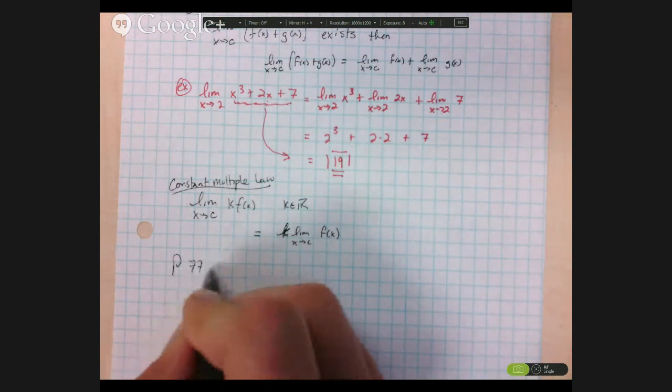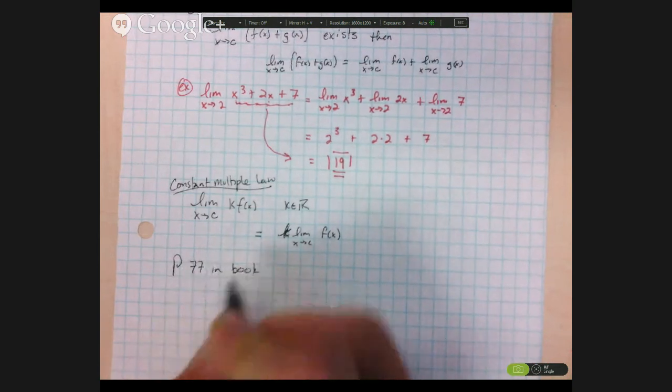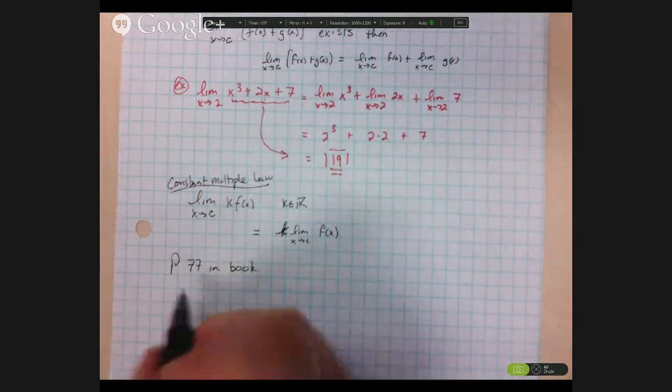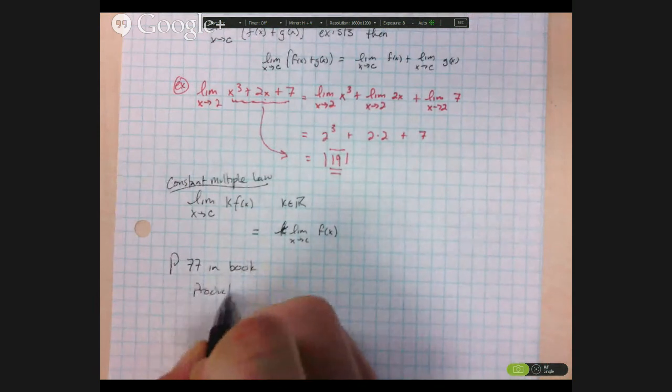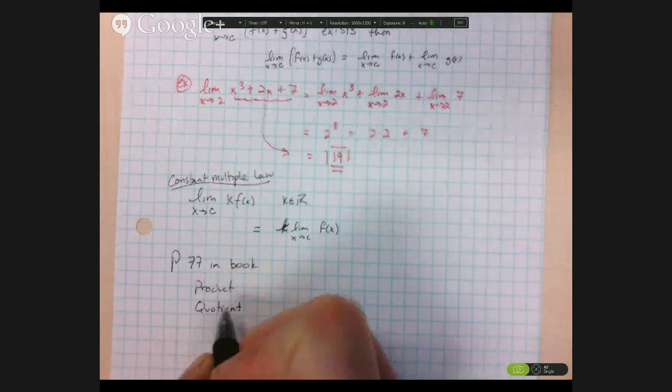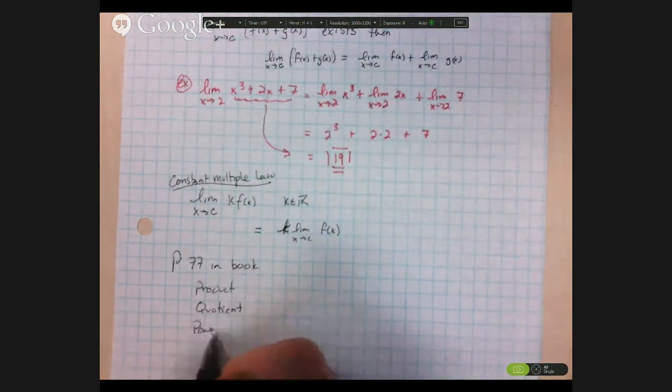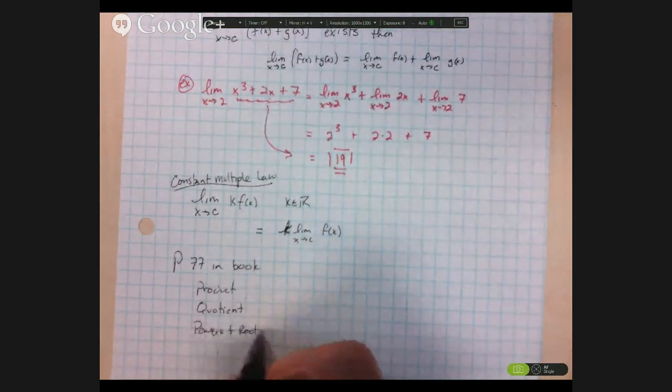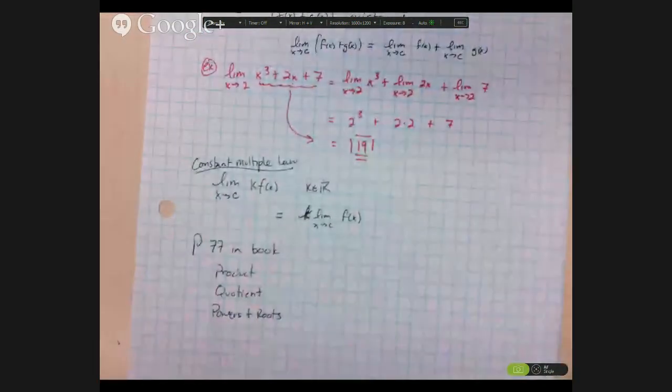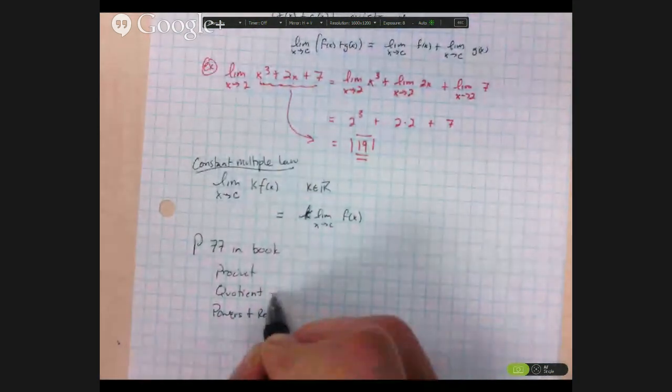So I'm going to just direct you to page 77 in your book and look at all the others. You have a product, quotient, powers and roots, all those laws that give us the ability to do limits. Be careful here.